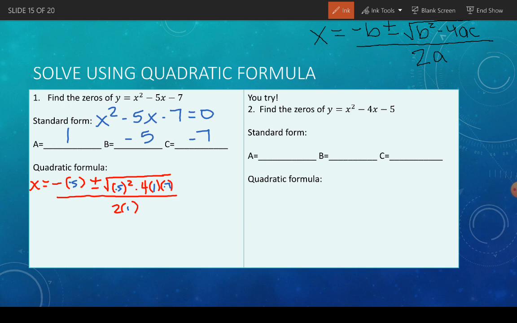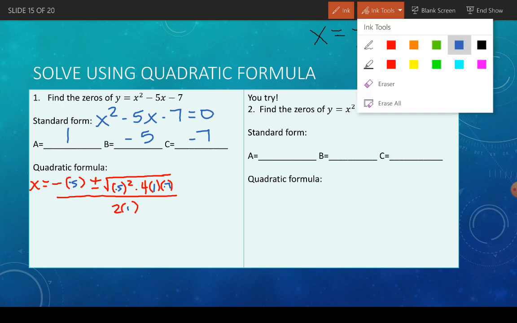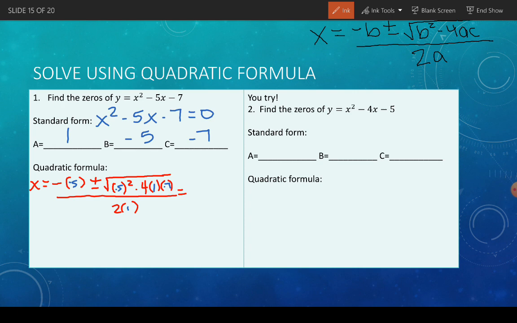Okay, so now we can simplify this, and we'll get 5 plus or minus the square root of 25 plus 28, all over 2. Okay, so this equals 5 plus or minus the square root of 53, all over 2.